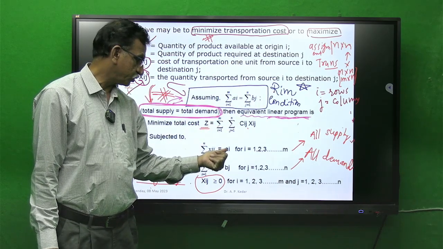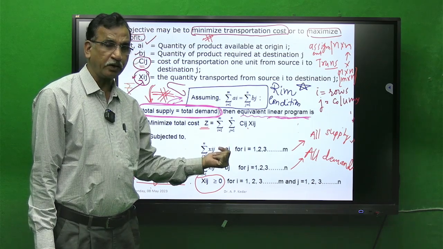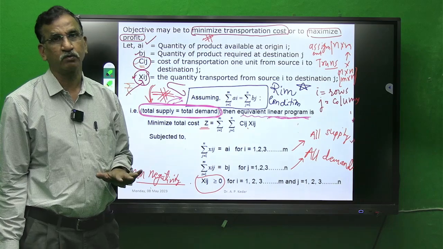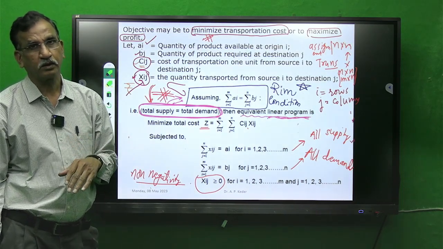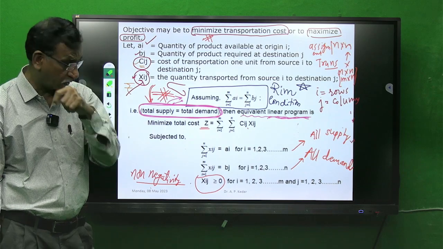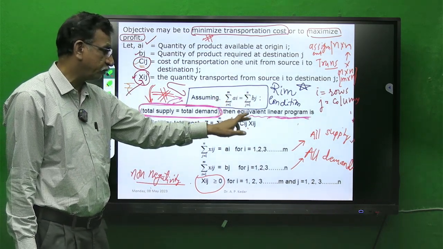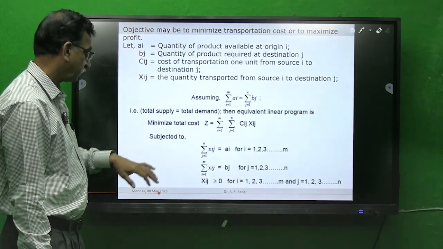If there are 5 rows, i equal to 1, 2, 3, 4, 5. So it will go according to the number of rows and columns in the problem. So this is the equivalent linear program for the given transportation problem. Now let's go ahead.